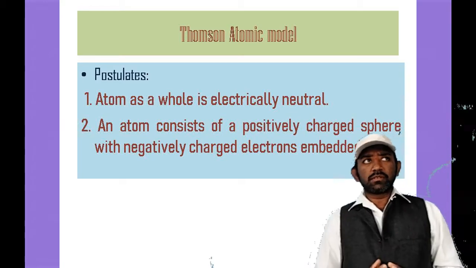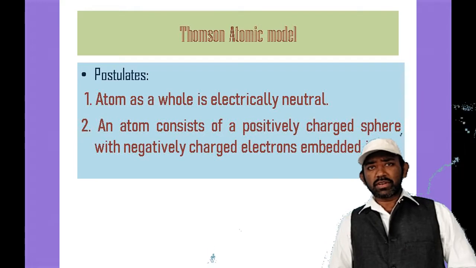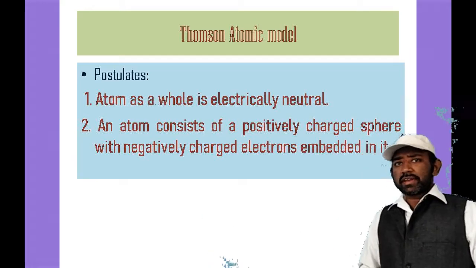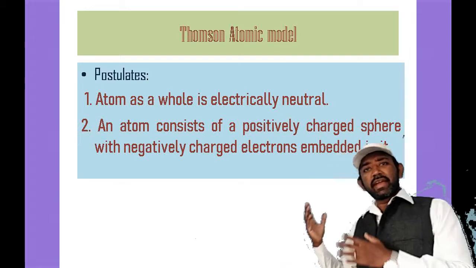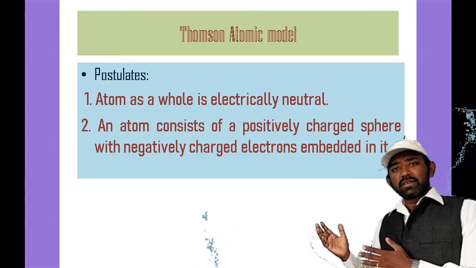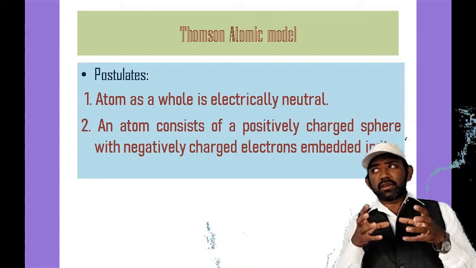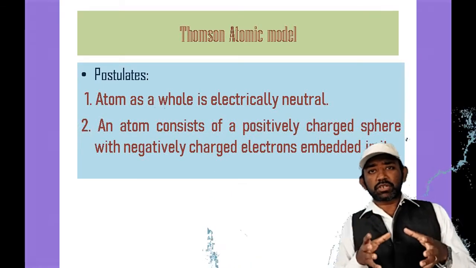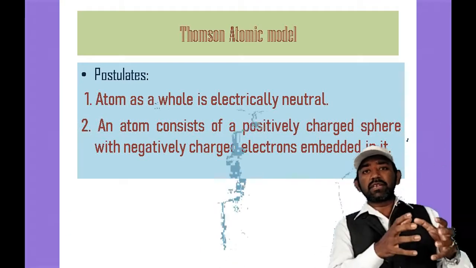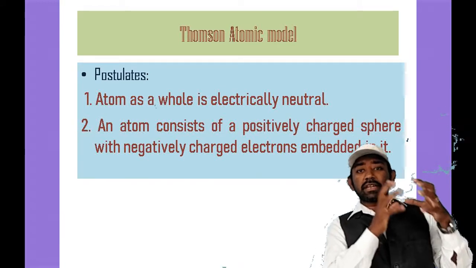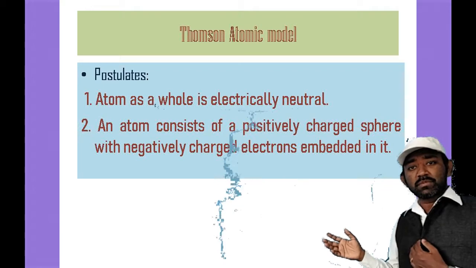J.J. Thomson proposed an atomic model which consists of a number of postulates. An atom consists of positively charged particles and negatively charged particles, in equal numbers, so the atom is electrically neutral. That is the first postulate given by J.J. Thomson.